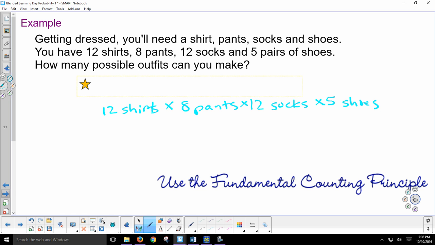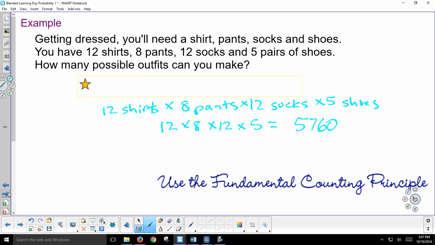So I'm just going to multiply those numbers together. 12 times 8 times 12 times 5, and this is going to tell me the total number of outfits that I could possibly come up with. Let's just for good measure pretend that everything matches everything else. All right, so 12 times 8 times 12 times 5 gives us 5,760.